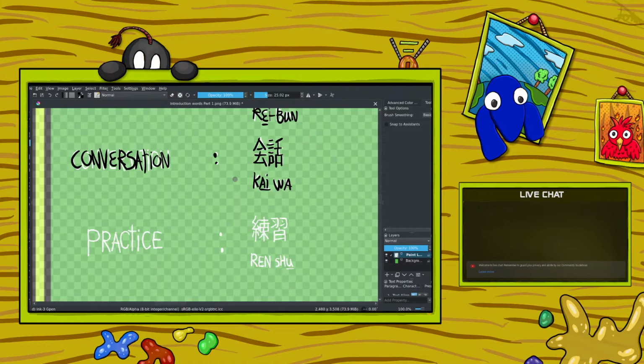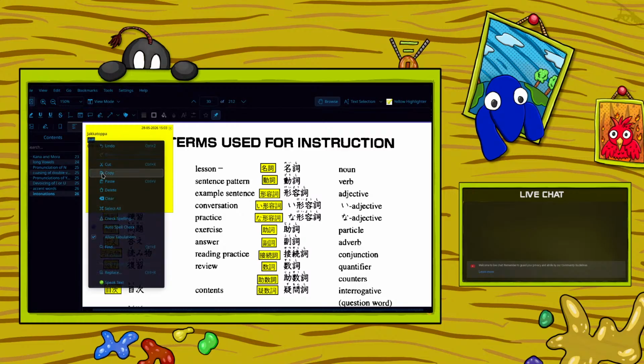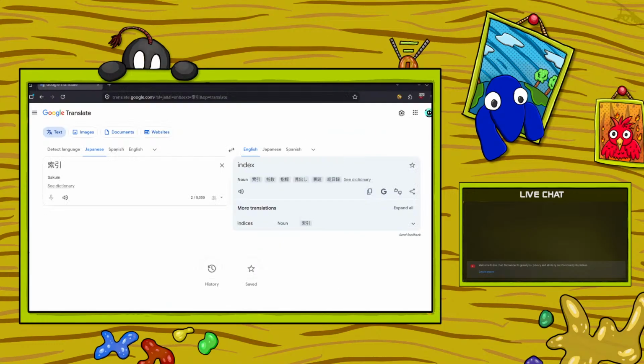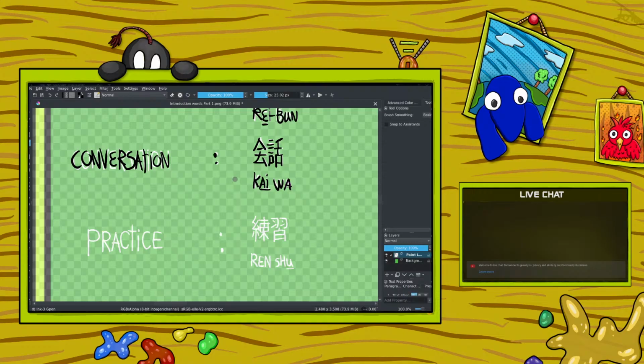And I need to double check that one, just in case. So that is a conversation. And that is indeed correct, but let's double check this on the pronunciation. I'm very certain that it's correct. Conversation. 会話. Yeah, that is indeed correct. Alright, continue.